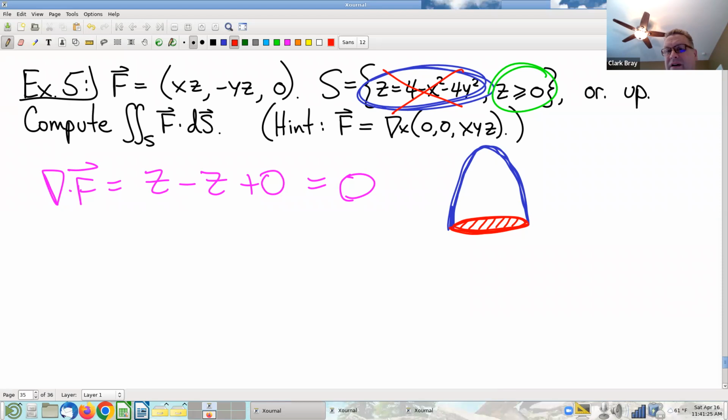Even worse, this kind of dovetails with my previous warning. In this case, if you misunderstand what the solid is or what the surface is, if you mistakenly have that in there, I better put it. Okay, so of course, wrong, right?